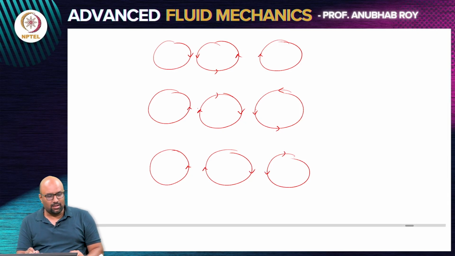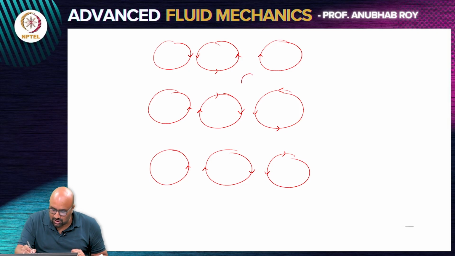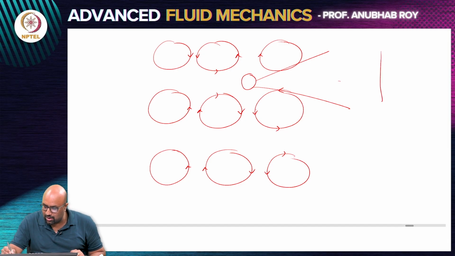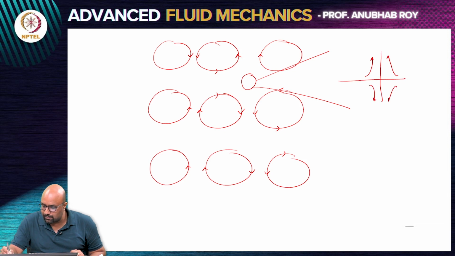Now, this is a very complicated flow field that you have. There is no particular reason to expect the flow field will depend linearly on the coordinate. But if you were to zoom into different regions, so let us say I zoom into this particular point and blow this up, here you can see that in that neighborhood, the fluid elements are getting pulled up and they are getting drawn in.